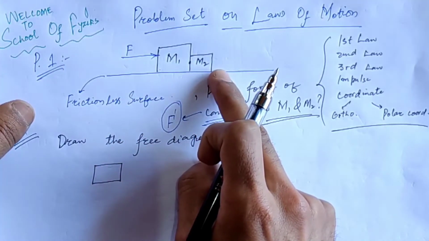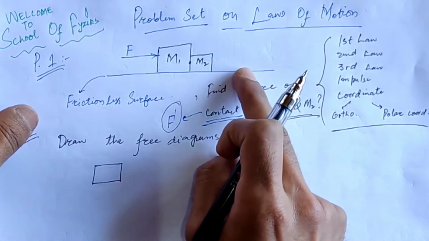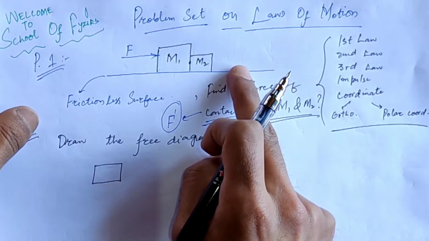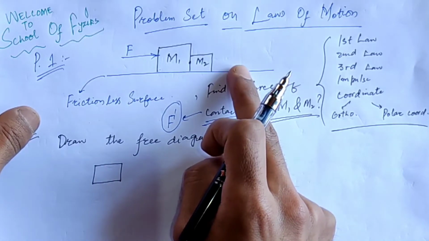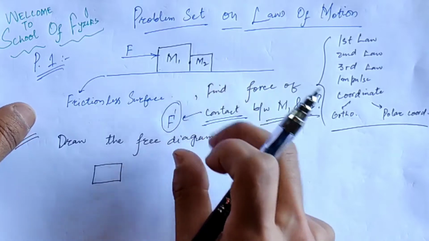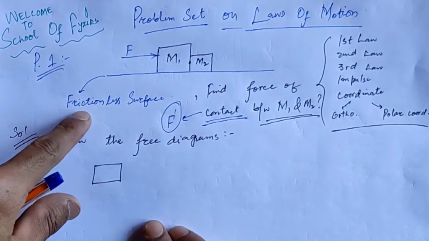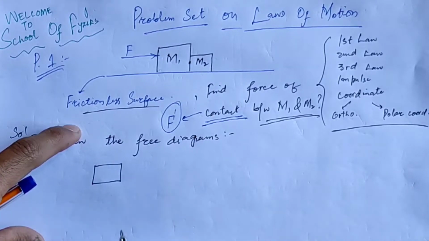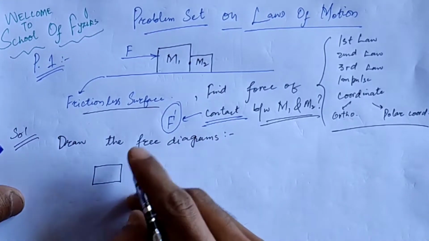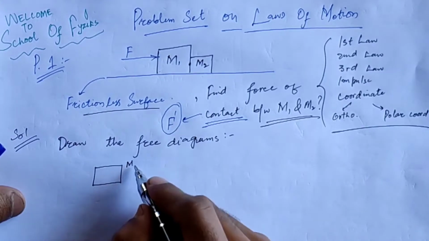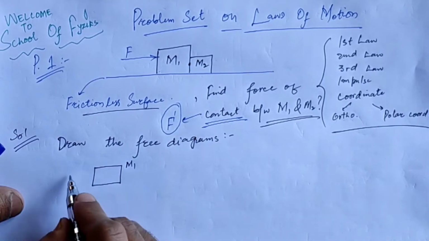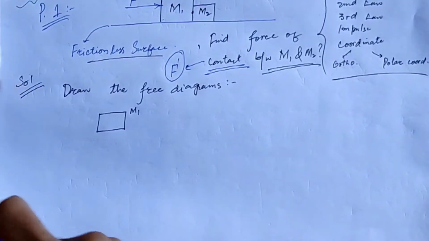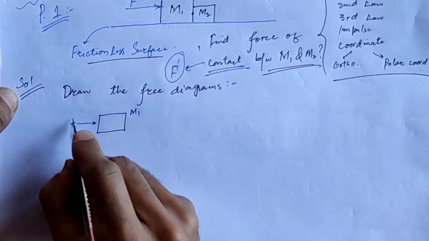Even though they are set in motion on this surface, it will not exert any force to retard the motion because friction is absent here. So the forces acting on body m1 will be, first and foremost, this force acting horizontally like this.